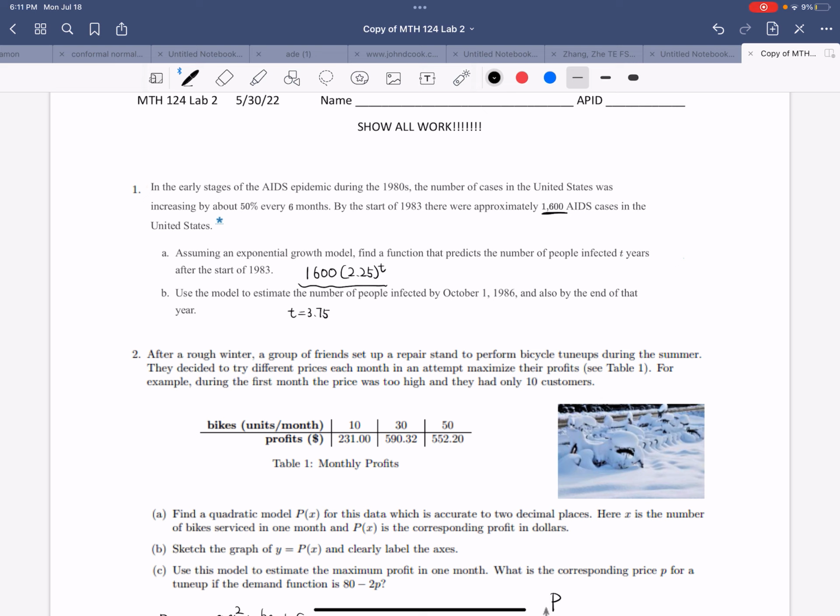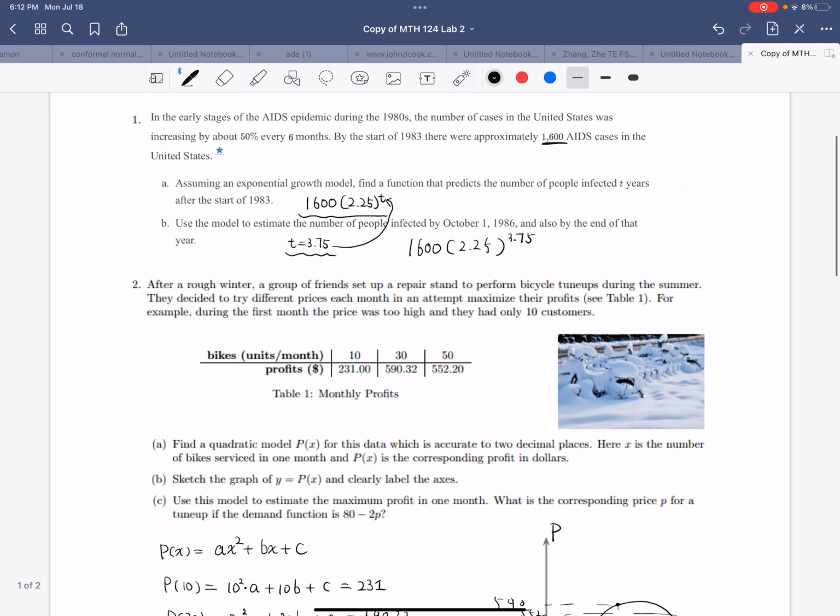And from January the 1st to October the 1st, it's 9 months, right? 9 over 12 is 0.75 year, plus the 3 years, so in total we get 3.75. That's the time t, and you just plug this t into this expression. So the number of people infected would be this, and you need to calculate this number. That's the question about the exponential model.